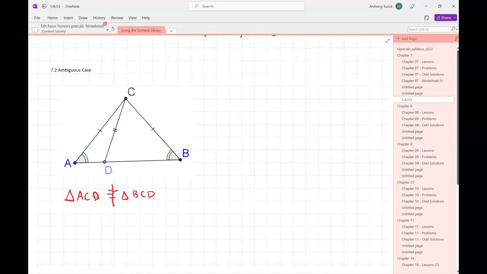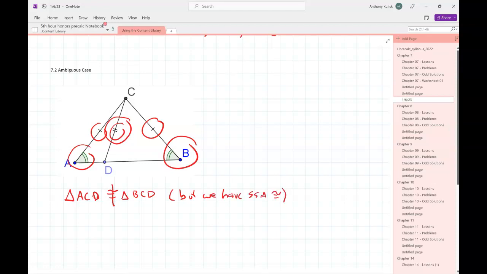However, we have an SSA situation in triangle ACD. We have the corresponding parts congruent in an SSA configuration. We have the SSA parts congruent, but the triangles are not necessarily congruent. Everybody's okay with that?